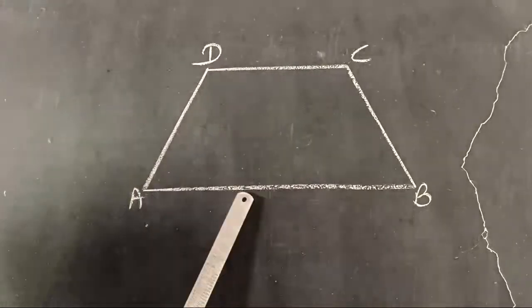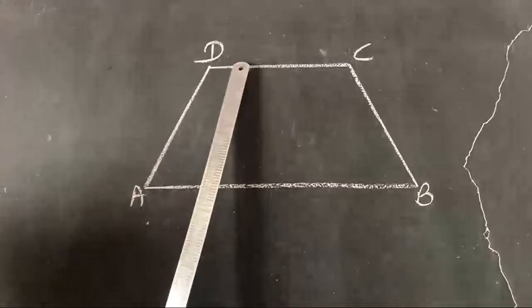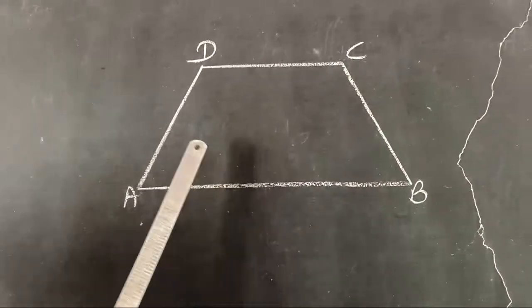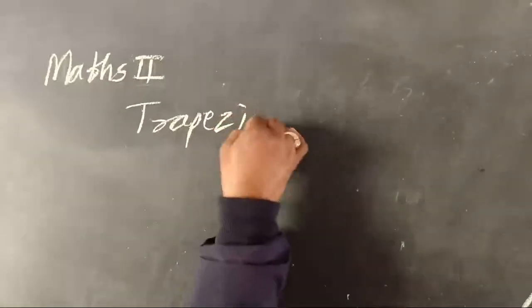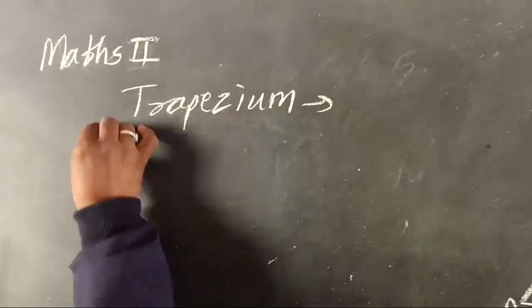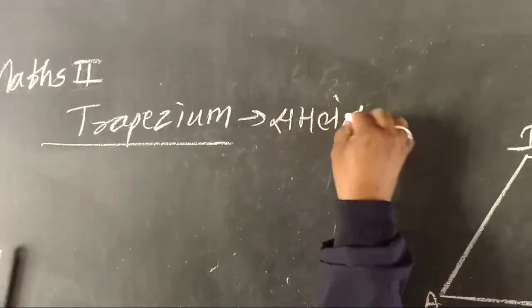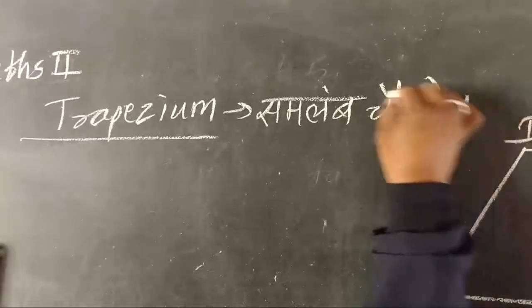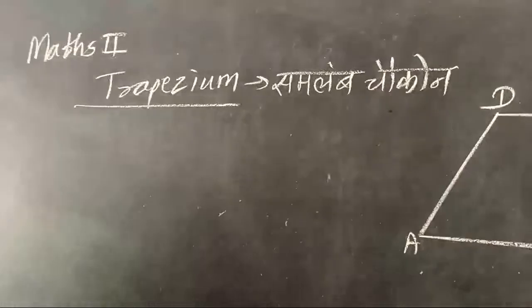If only one pair of opposite sides of a quadrilateral is parallel, then we can say that it is a trapezium. In Marathi, trapezium means samlam chaukon. What is the definition?